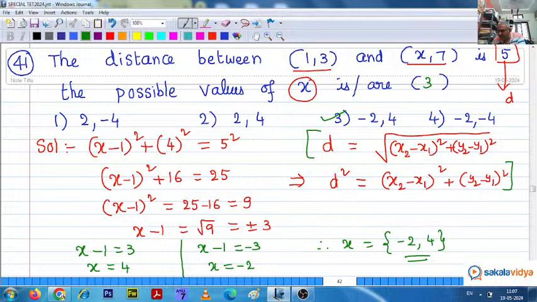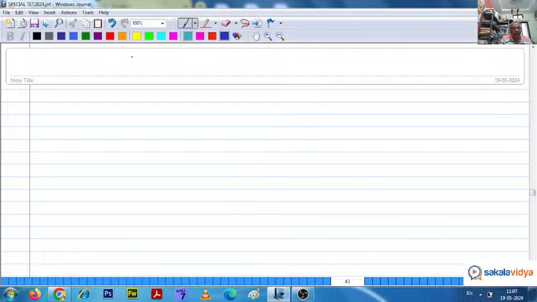Right, let us move to yet another problem. 42nd problem.